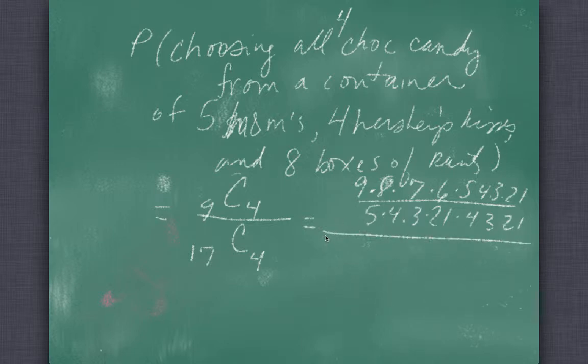Down here, I'm not going to write out the whole formula because I don't have enough space. So I would have 13 and on down, and I would divide by 13 and on down, and then I would divide by 4, 3, 2, 1. So these cross out.